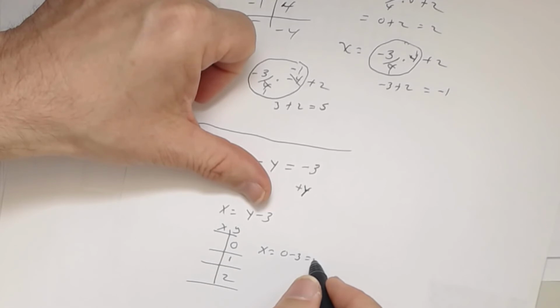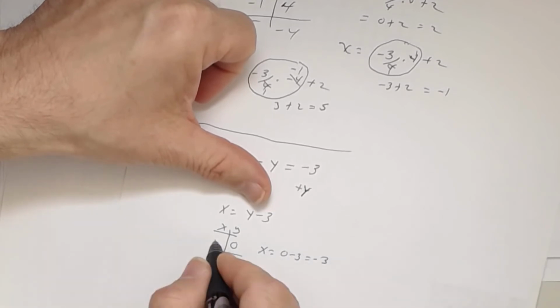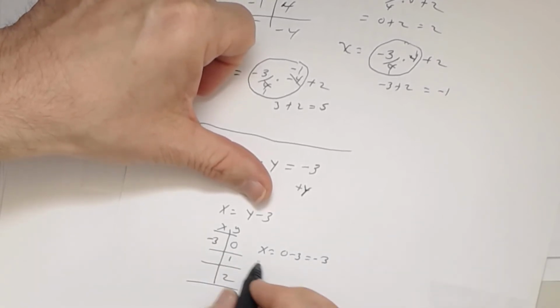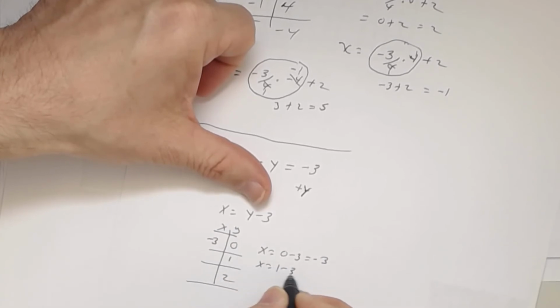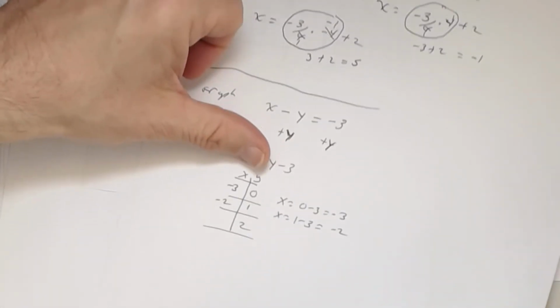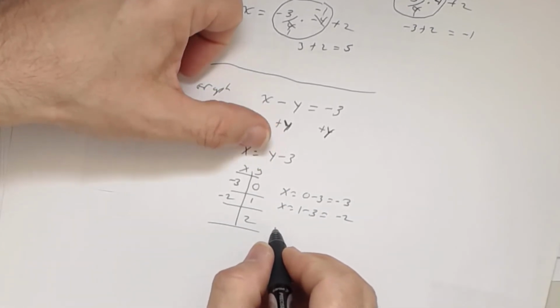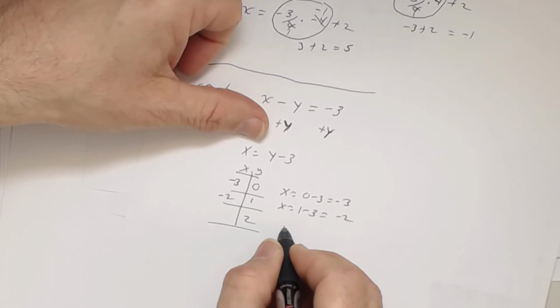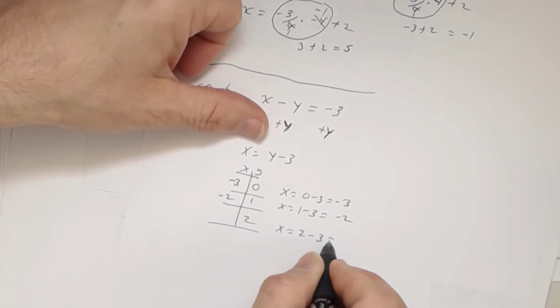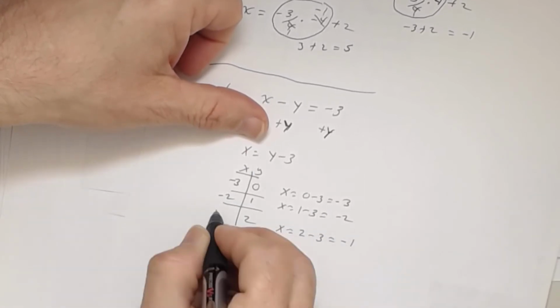What's 0 subtract 3? Negative 3. If y is 1, I get x equal 1 minus 3, which is negative 2. You can do that, but you can't do 0 subtract 3, huh? If y is 2, I get x equal 2 subtract 3, which is negative 1.